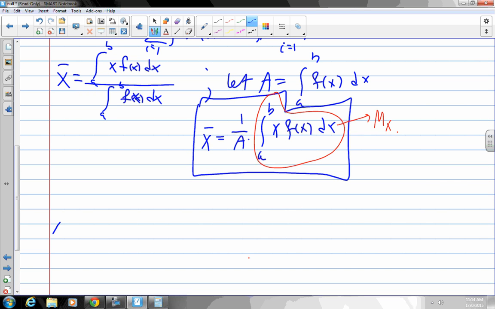To do the y bar, we'll do the same way. The moment with respect to y would be the mass of that, which is rho f of x sub i delta x, times the location in the y direction, which is half of the height, so 1/2, and the height is given by this thing.